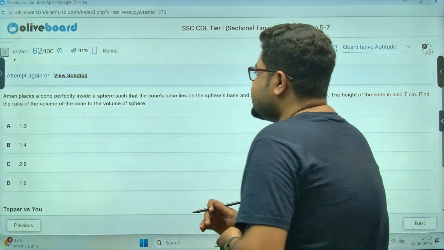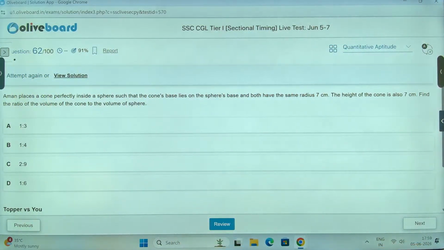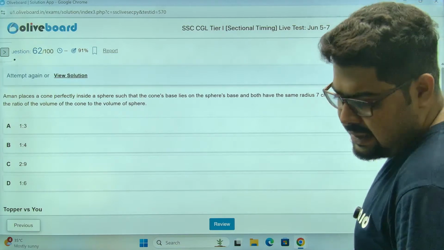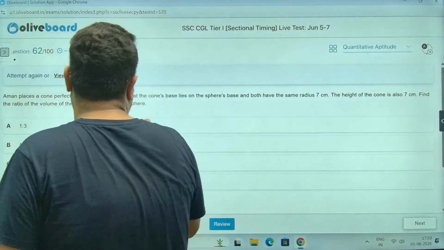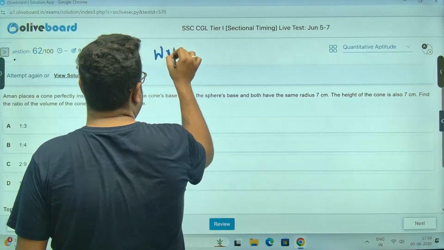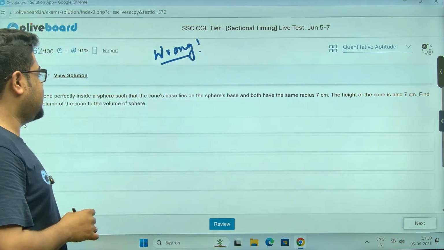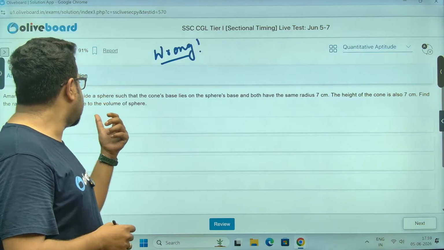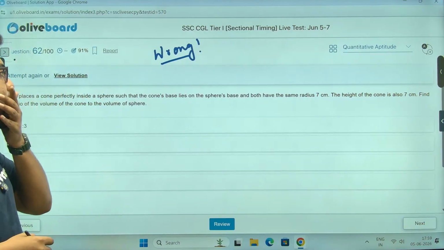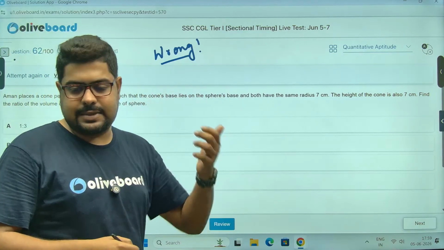Aman places a cone perfectly inside a sphere such that the cone's base is the sphere's base. Sir, this question is technically wrong. Why? Because you cannot put any kind of cone, because a sphere does not have a base.